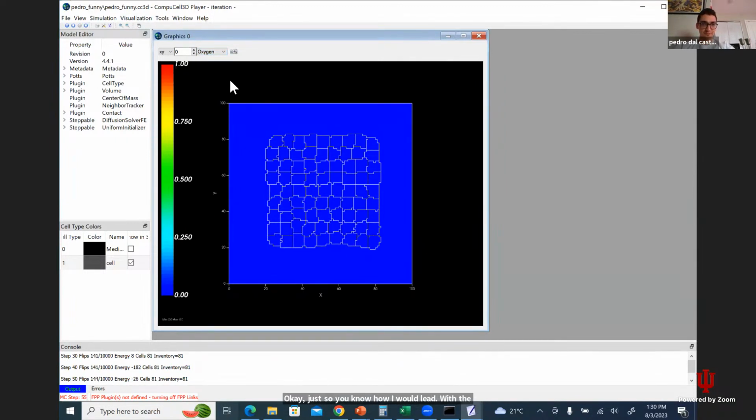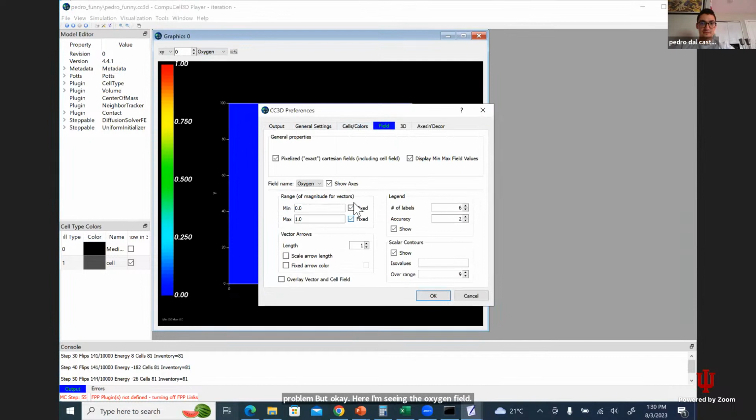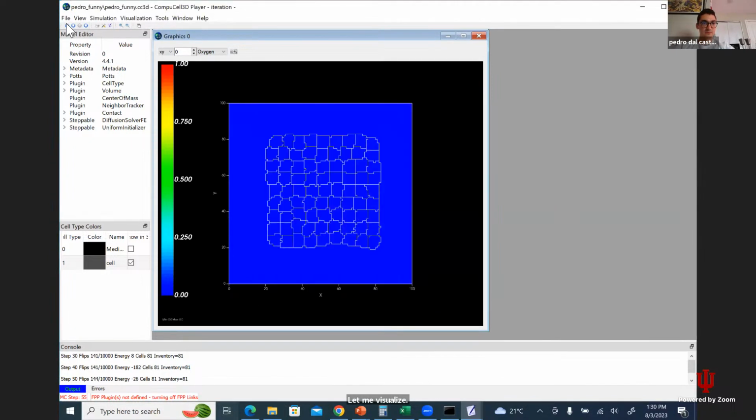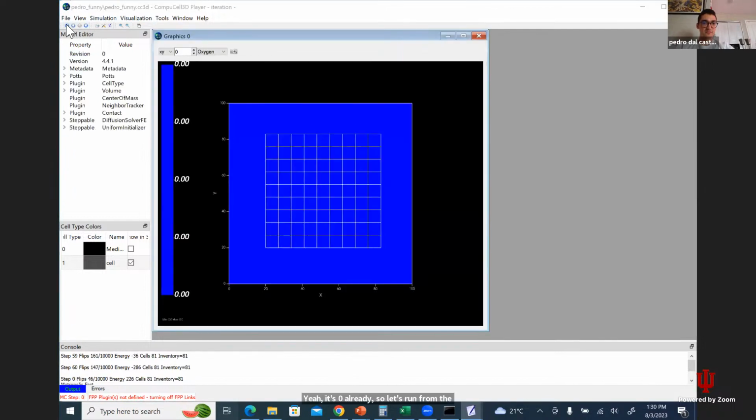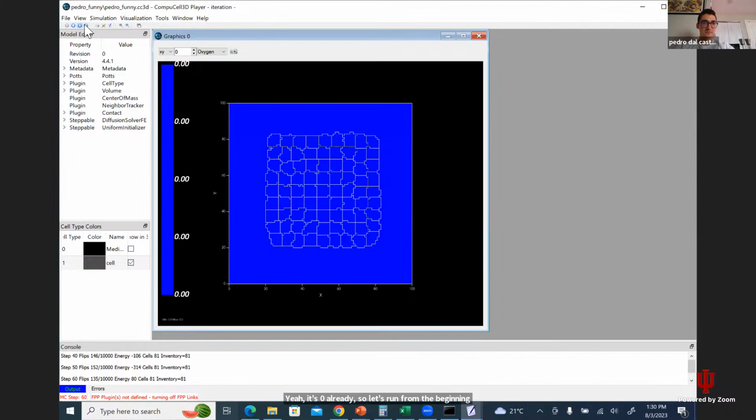But okay, here I'm seeing the oxygen field. Let me visualize unfixed. Yeah, it's 0 already, so let's run from the beginning.